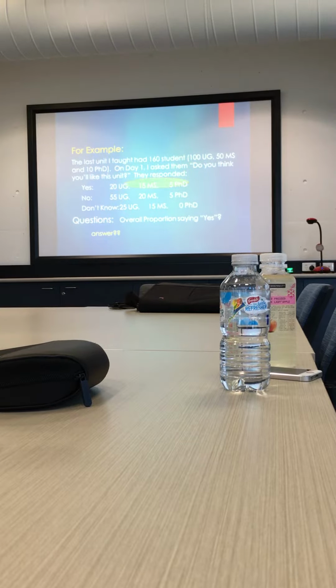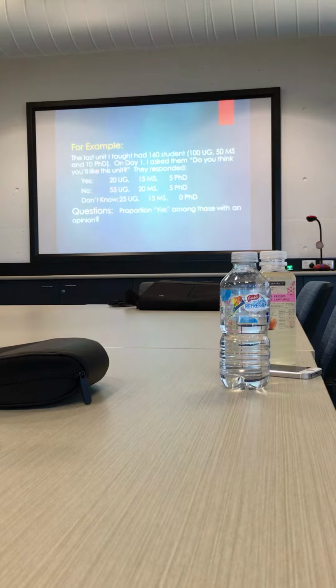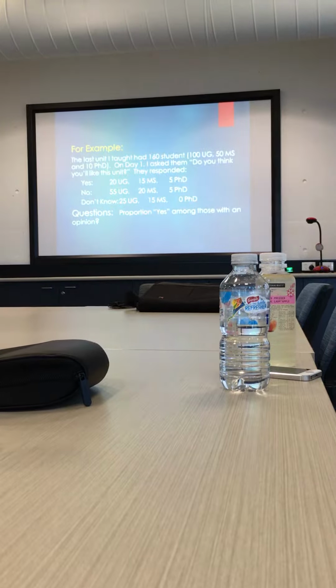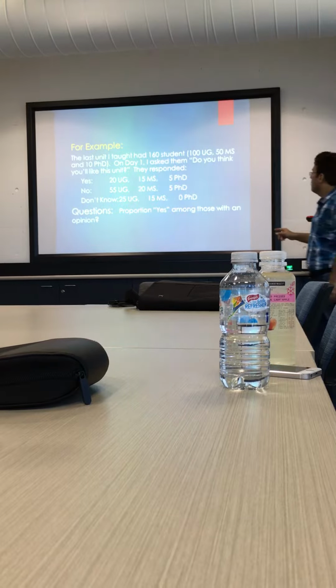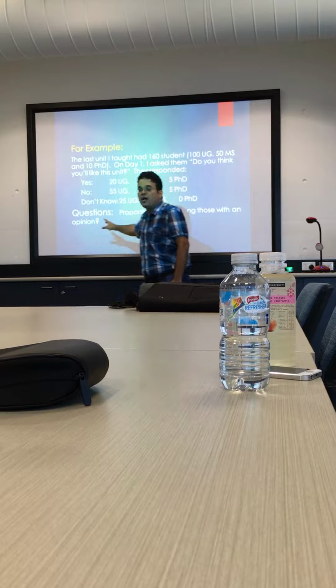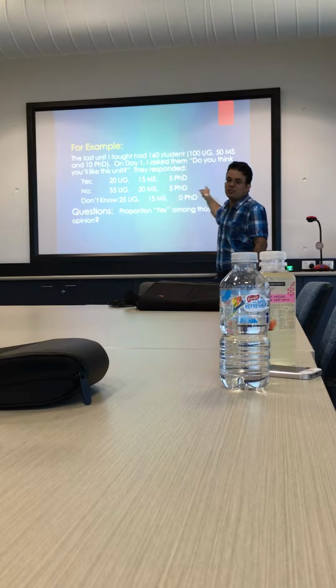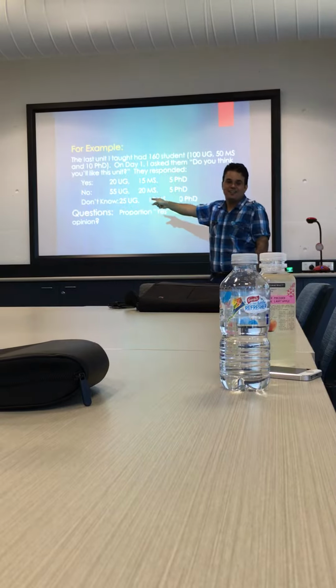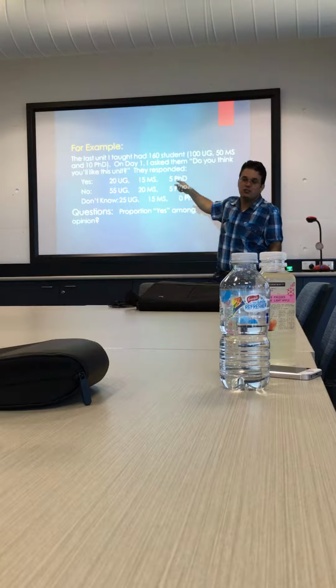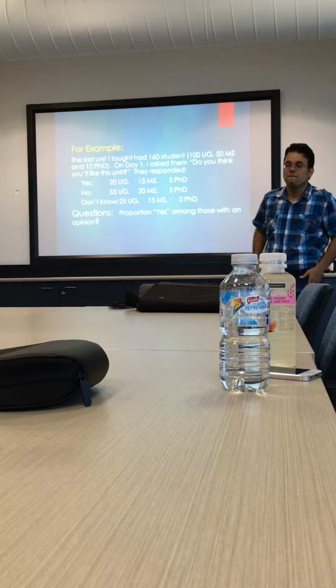If we ask it among those with an opinion, the people who said yes, but they have an opinion, I will take the total number of students who said yes, but this time, should I divide it by the total number or no?